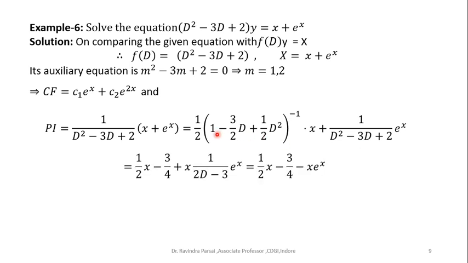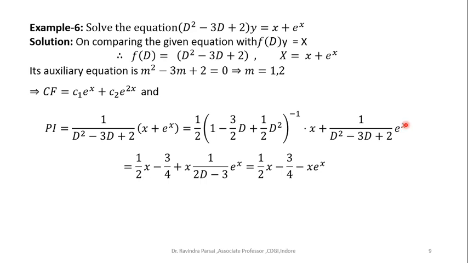Now by multiplying inside, this gives 1 by 2 of x minus 3 by 2 differential d by dx with respect to x, first derivative is 1, and then you are getting this value here, x of 1 by 2D minus 3 of e raised to x.